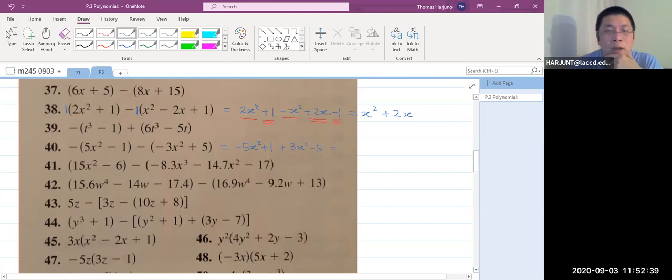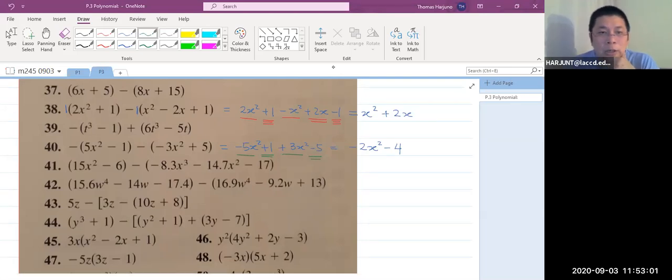Which will give us the x squared term, negative 2x squared. And then the constant part is minus 4. Am I okay, by the way? Let me check. Okay, good.